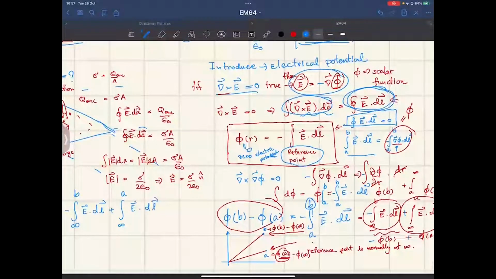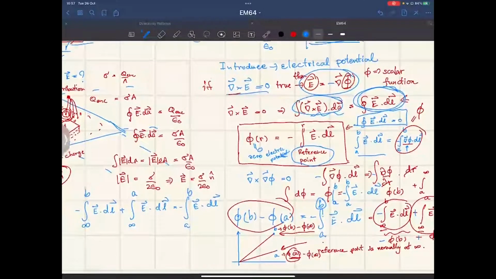This thing is equal to A to B, dl. All right. Okay, so now it's correct.